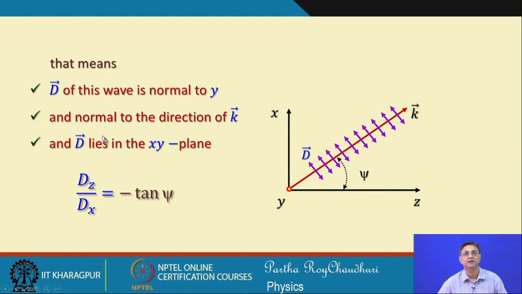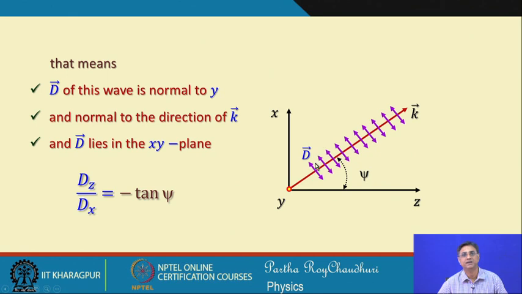So, you can see that if you consider the second solution, that is 1 by n omega square 2, this solution will give you a polarization where the electric field vector, the displacement vector, lies in general in the x z plane, and if you decompose this into two components dx and dz, this will be dz, because it will be directed in the negative direction of the z.